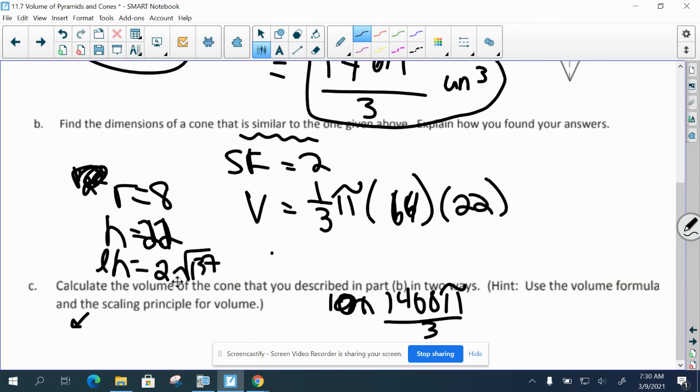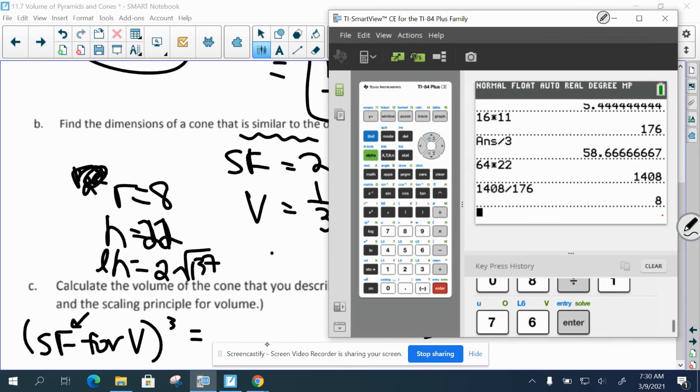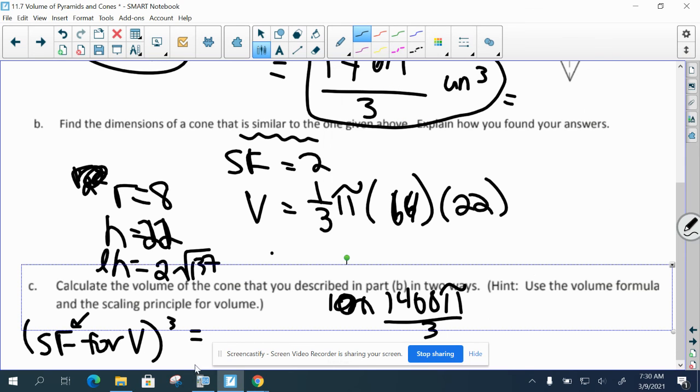So remember how your scale factor for area is squared, for volume you would need to cube it to find the volume. So if we were to simplify this and get a decimal for part C, we would cube whatever we got there, and that would be how we'd get our answer.